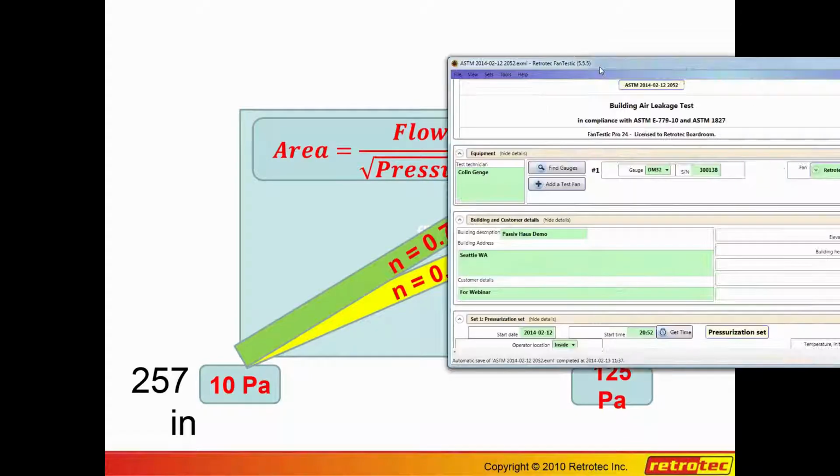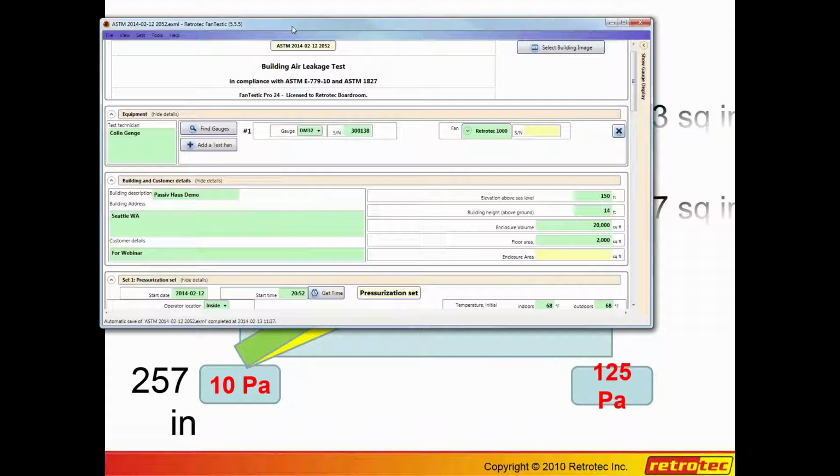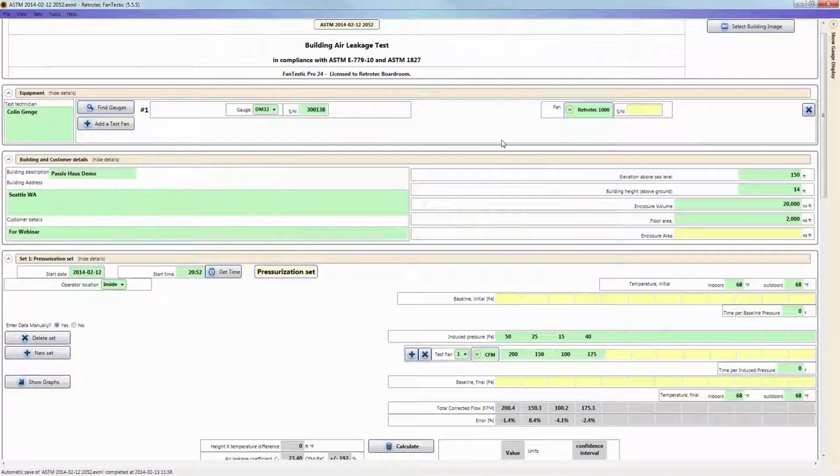But this is not really an exercise in how to use Fantastic. There's a great manual on it. We've got videos on it, and we've had other webinars on it. So it's not about that. It's just about the results. So here we have the software. Well, it's mounted up to full screen here.